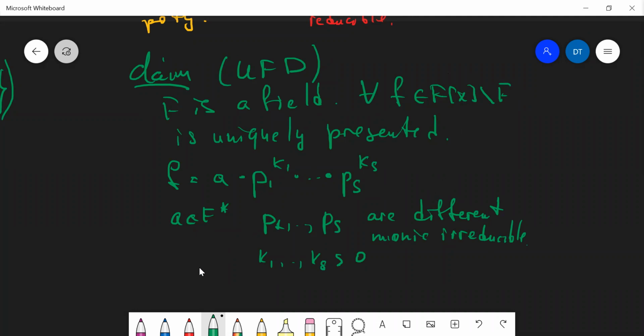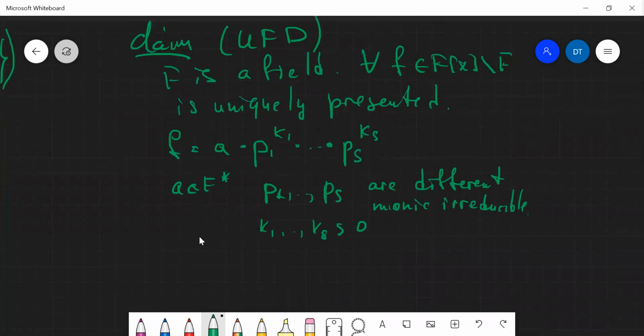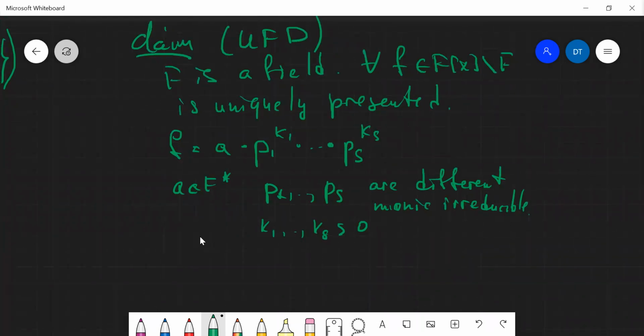Okay. The proof is long, not complicated, but long, and it is exactly the same as the proof for the integers. The main ingredient is that the greatest common divisor of two polynomials can be presented as a linear combination of these polynomials with polynomial coefficients.